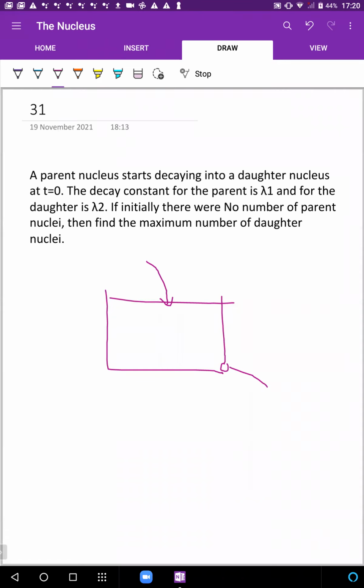Water's flowing out at some rate, water's coming in at some rate. Sequential chemical kinetics, very nice. If you've done that in chemical kinetics, it's just like that. Daughter is being produced at some rate and it's decaying at some rate. What will happen in the case of maximum number of daughter nuclei?